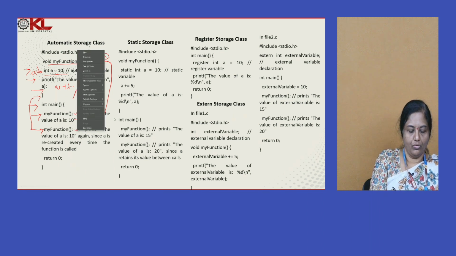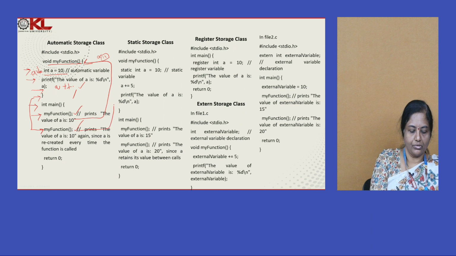Immediately, it goes to the called function once again. What happens? Once again, it will be reinitialized to 10, the same, even if you call it n times.